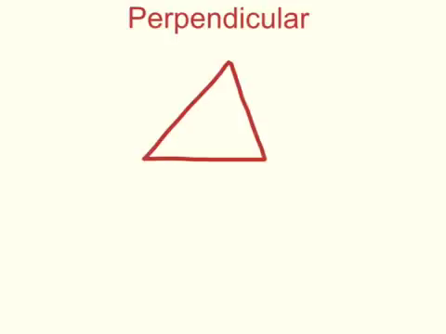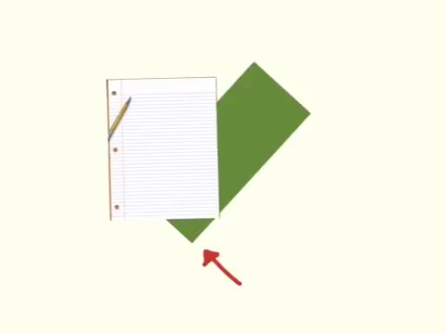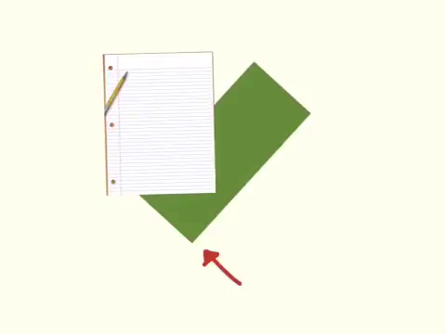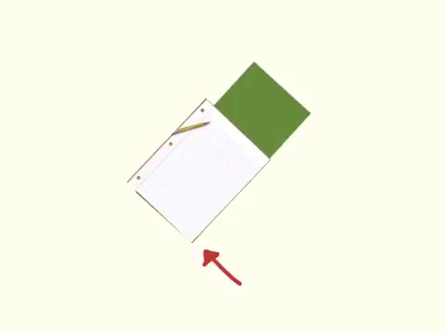A really neat way to find a perpendicular edge or a corner is to use a piece of paper, and I'm going to show you how. So here I have my shape, and I'm not sure if this corner right here is perpendicular. So what I can do is grab a piece of paper, which corners haven't been messed with, and if I turn it and stick the corner into the corner on the perpendicular, do you see how that fits right there just ever so perfectly?